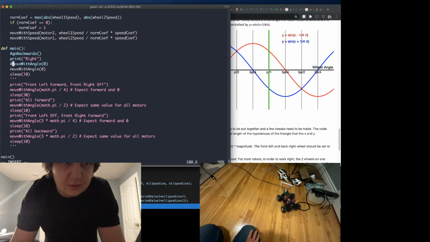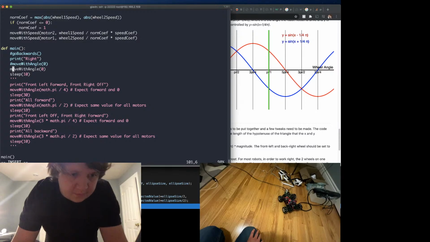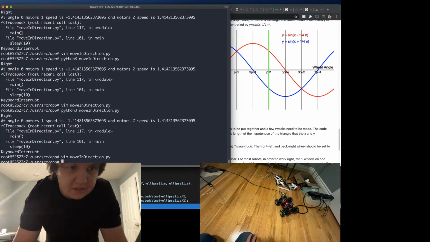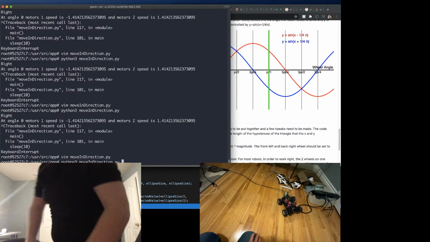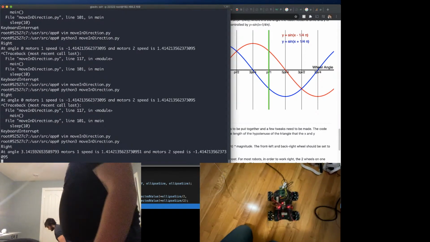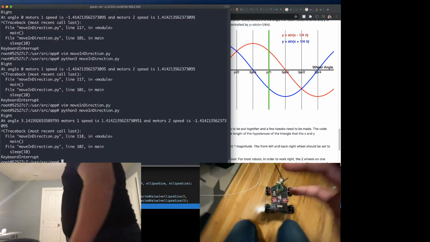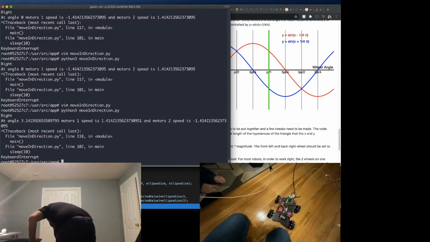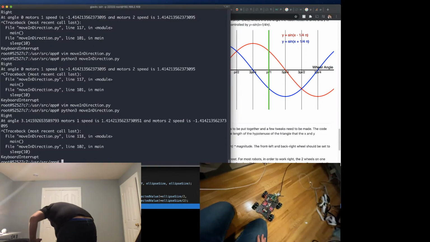Just adding some stuff. Sure, math pi. I think this is left. All right, ready? Yep. Dang. Boom. That's it. This is exciting.